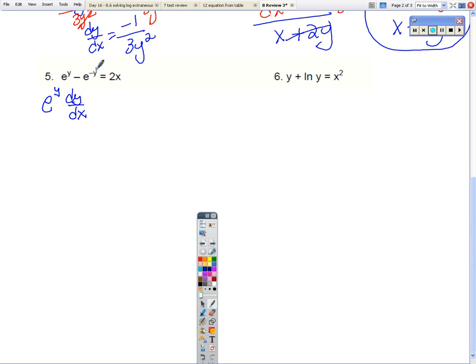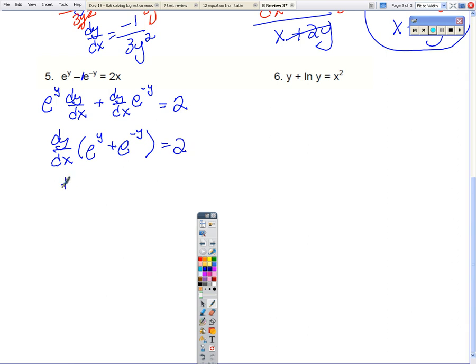This is a negative y, so the derivative of negative y times this negative 1, I'm going to get plus dy/dx e to the negative y equals 2. So now I'm going to factor out dy/dx.